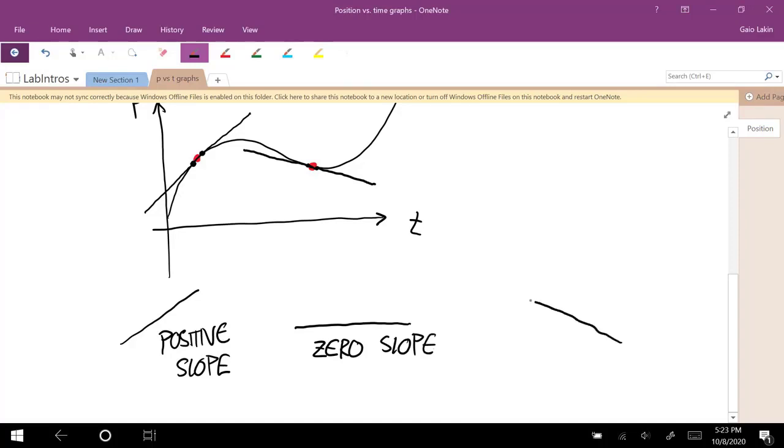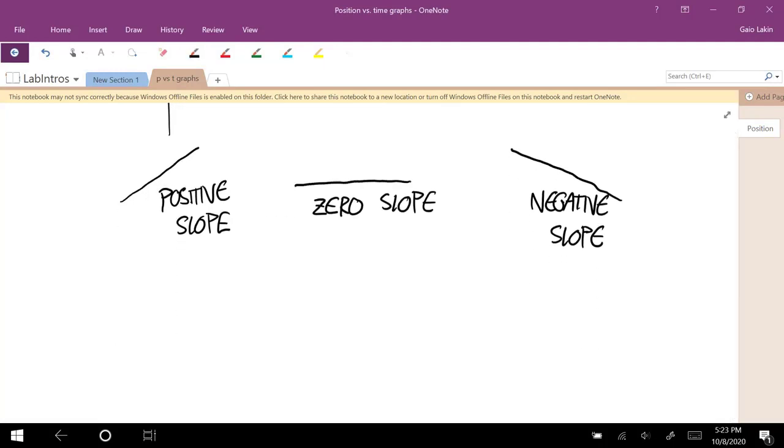And if you have a line like that, that's a negative slope. Well, if this is a position versus time graph, then a tangent line that looks like this one, the positive slope here, means that the velocity is positive. One that's horizontal means the velocity is zero and the thing isn't moving. And then a negative slope would indicate a negative velocity.